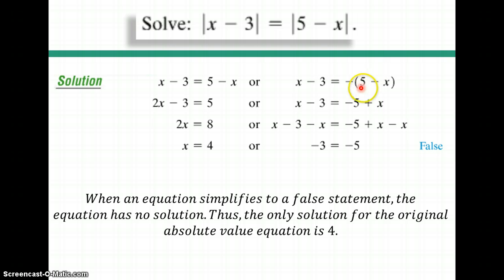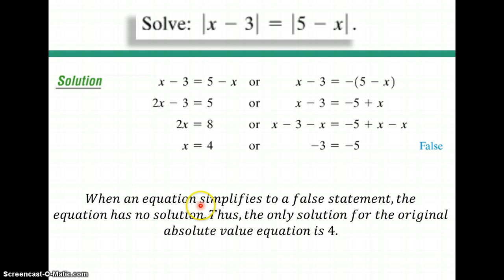Let us find the solution for the second equation. x minus 3 equal to minus of 5 minus x. So x minus 3 equal to minus 5 plus x. Subtracting x from both sides, we have minus 3 equal to minus 5, which is a false statement.